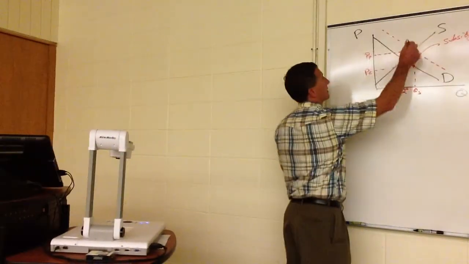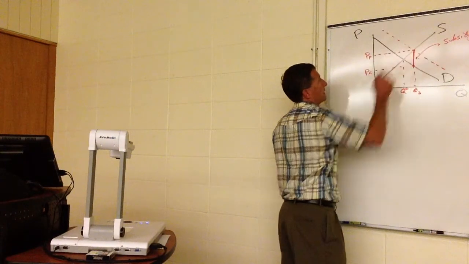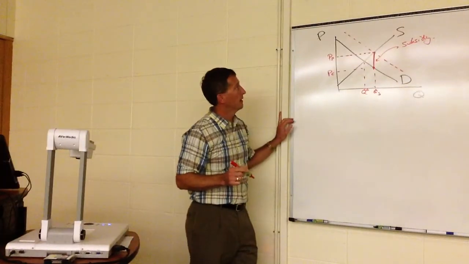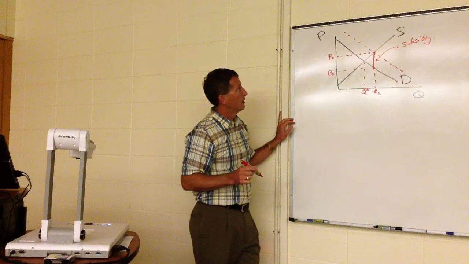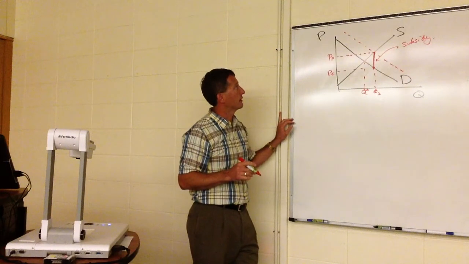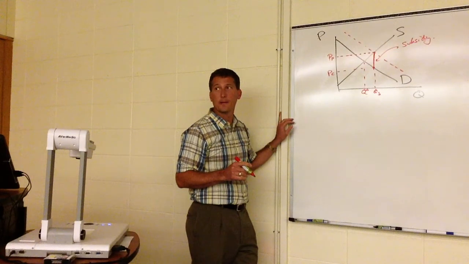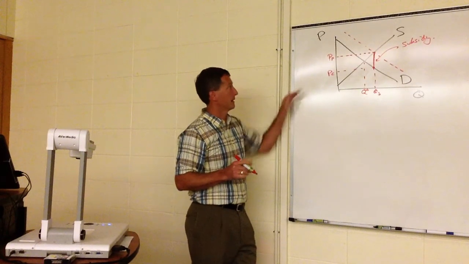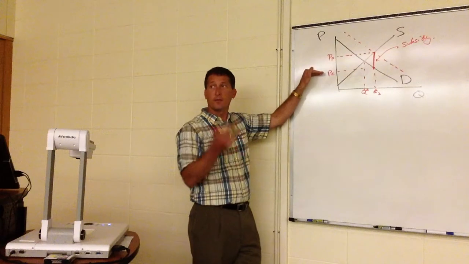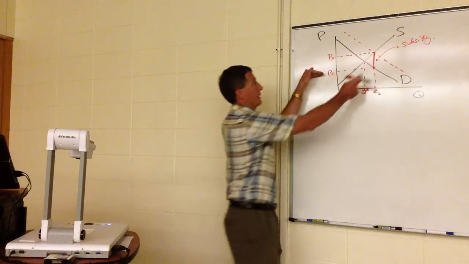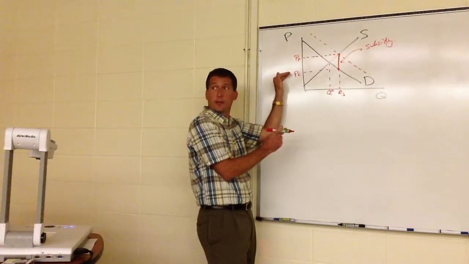Now, calculating consumer surplus, which is a little bit different. Would that be the bottom triangle thing? Yep. So all the way to here, all the way to the amount that they're actually consuming.